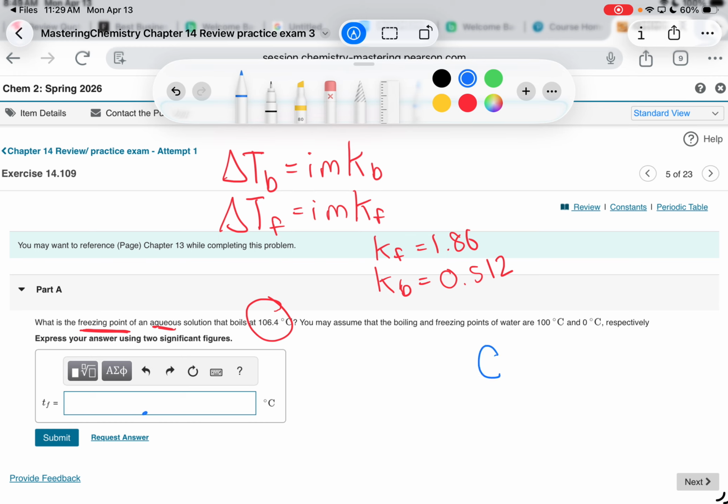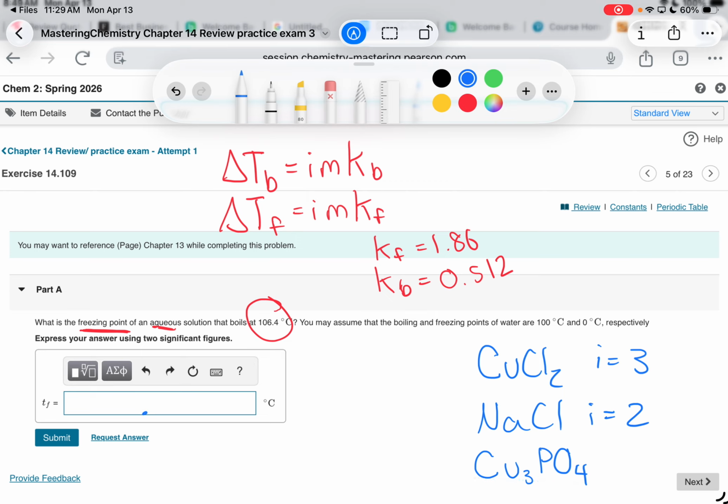So if you had copper chloride and sodium chloride and copper phosphate. Okay, so copper chloride breaks up into 1 copper and 2 chlorines. So I would be equal to 3 in that instance. Sodium chloride breaks up into 2, just sodium and chlorine.